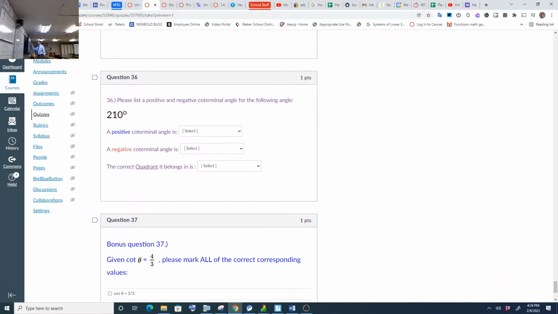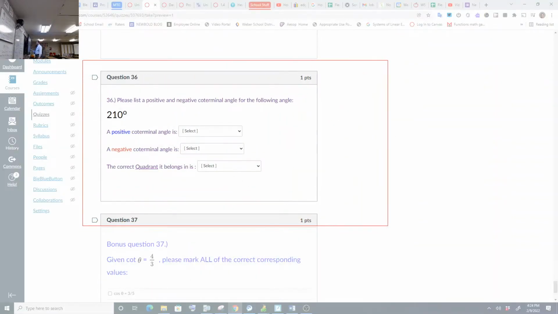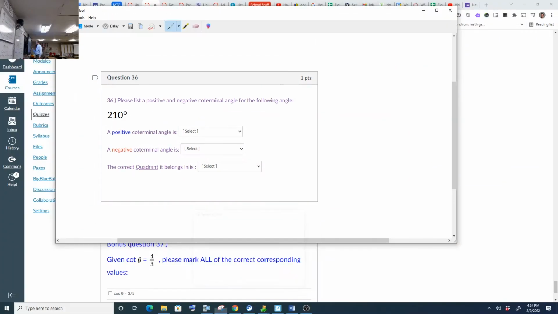Okay, next one. That's the easier one. With this one, we have 210 degrees. Good. Again, we're just going to add 360, which, 3 plus 2 is 5, so it should be 570 as a positive coterminal angle. And then you're also going to take 210 and subtract 360, going a full circle around. Again, 210 degrees is right about there, 180 plus 30.